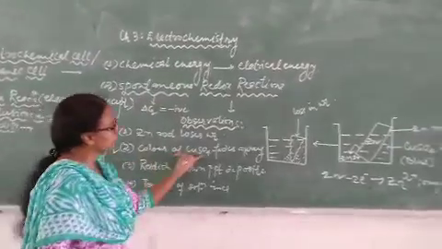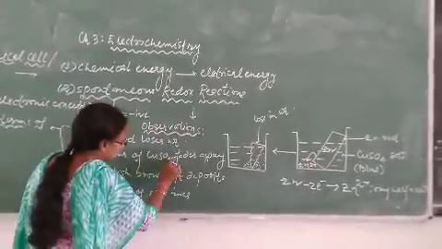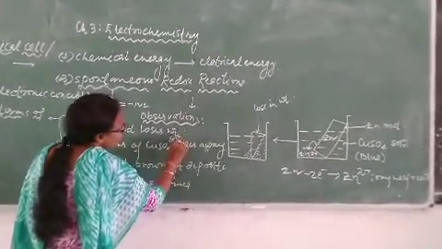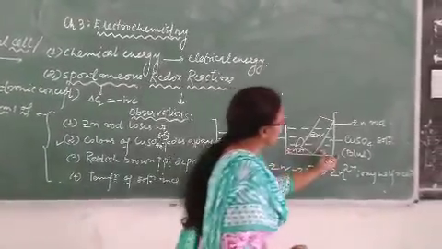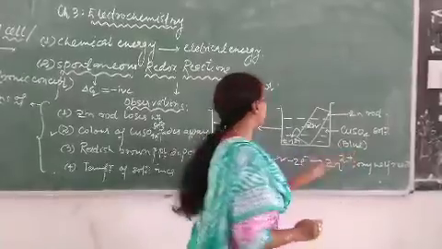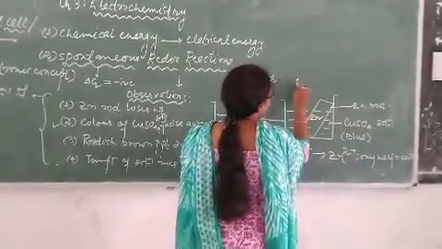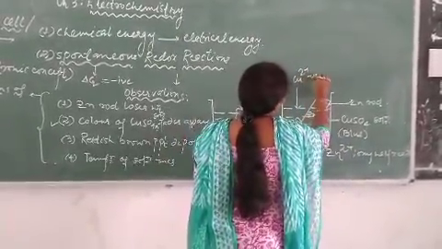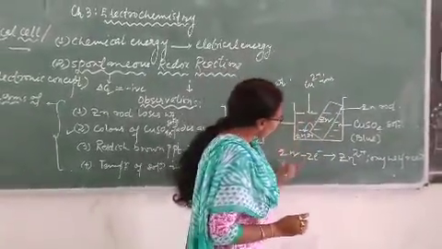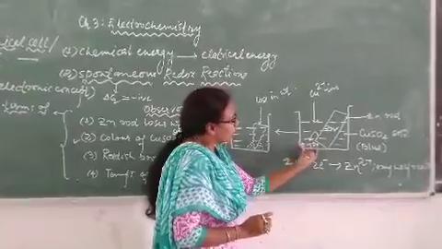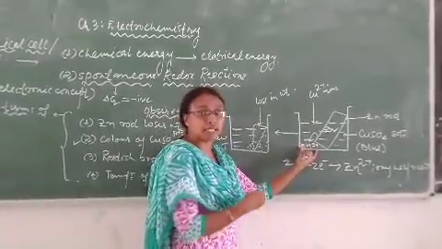The color of the copper sulfate solution fades. What is the reason behind that? The copper sulfate solution is blue in color. Why? This is because of the presence of Cu2+ ions in the copper sulfate solution. But as the reaction proceeds, there are Zn2+ ions in the solution.